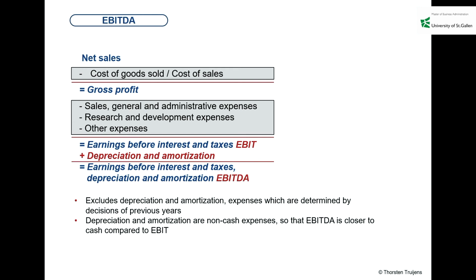And if we assume that cash generation is the ultimate motive and the ultimate driver of value creation, then it is quite clear that leaving out the depreciation brings us to a profit figure which is closer to cash compared to EBIT. So companies which have lots of fixed assets and, for that reason, lots of depreciation, oftentimes decide to measure their managers based on EBITDA.